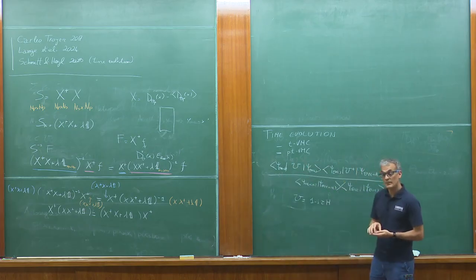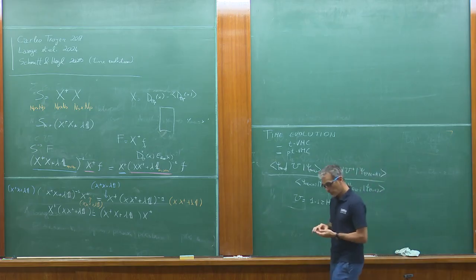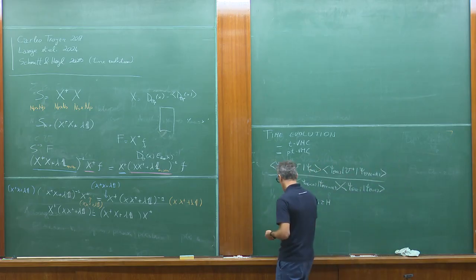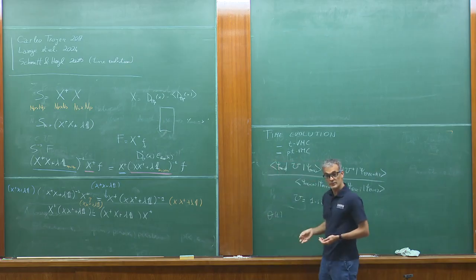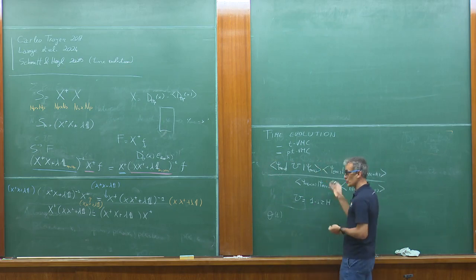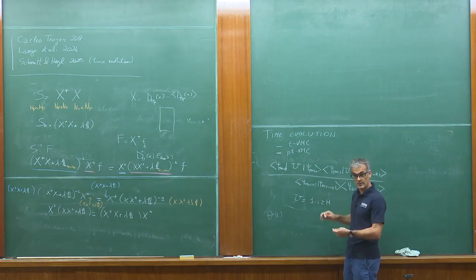What is theta at time t plus delta t? The idea is that theta would be a function of time, right? And I want to find equations for this theta. And so I know the Schrodinger equation, so I try to translate that into an equation for theta.